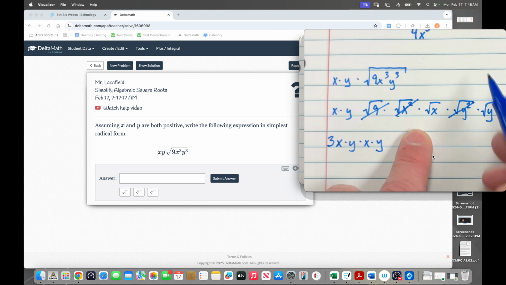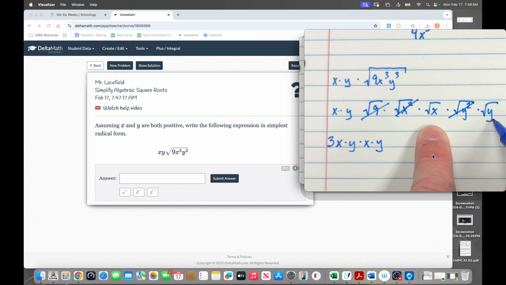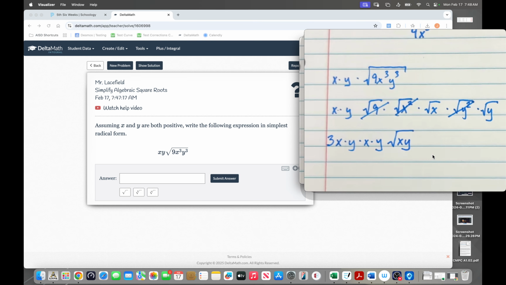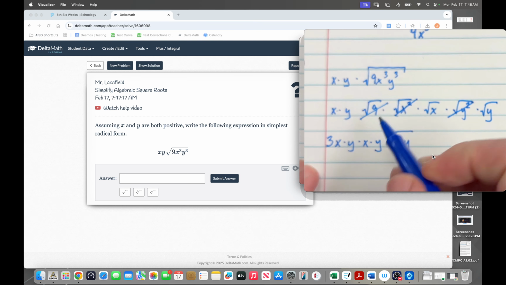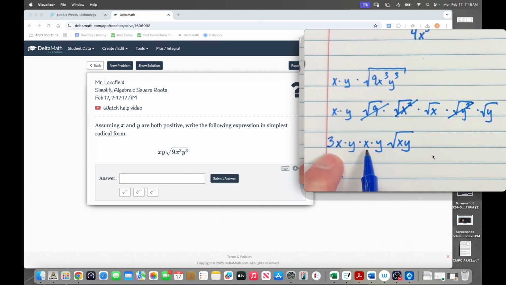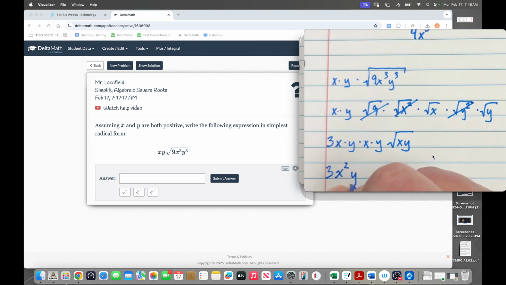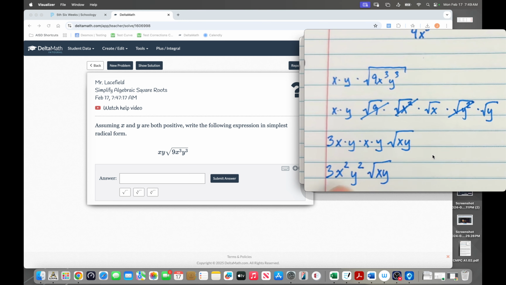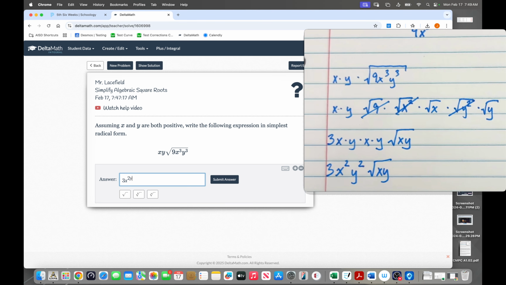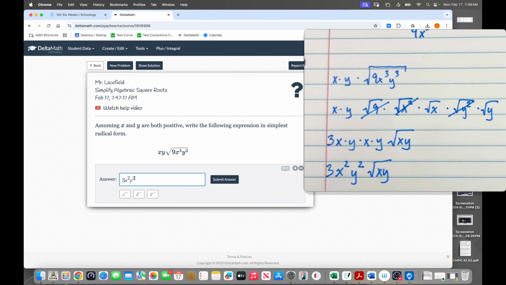And then what's left over are these two roots here. So we're going to put square root of xy on the inside. And then we will simplify this one more step. We're going to have 3 times x squared y squared times the square root of xy.